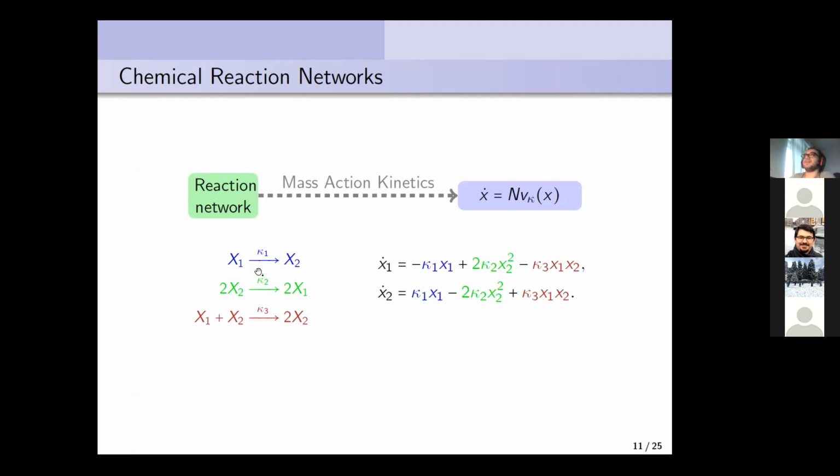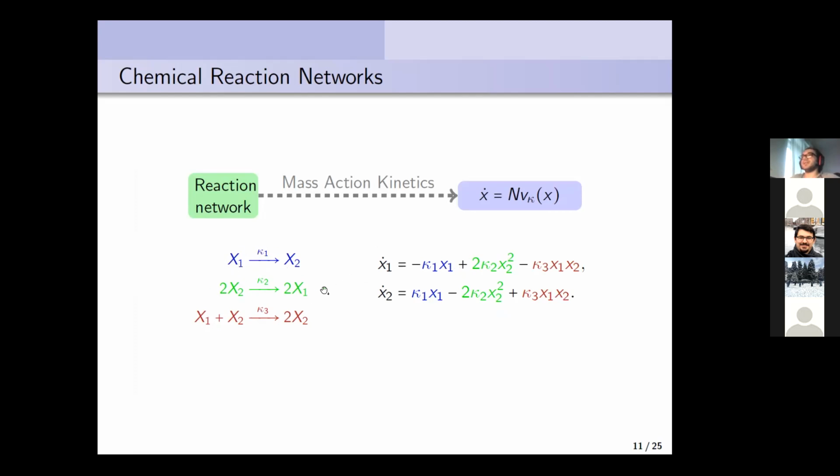Here we again have two species, x1 and x2, and the amount of x1 is changing as follows. From the first reaction, you use x1 with the amount of 1, so there is a -1 in the beginning, and the reaction rate is given by x1 times kappa 1.